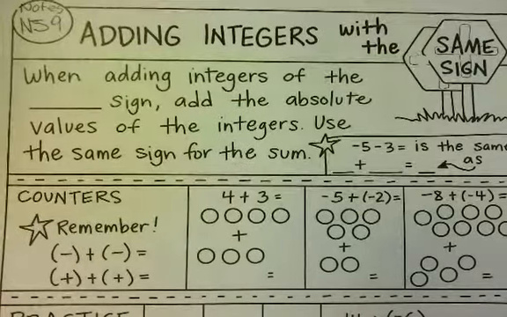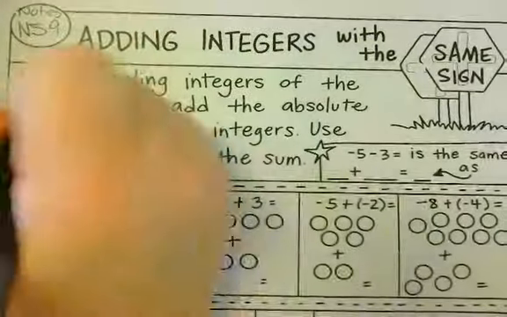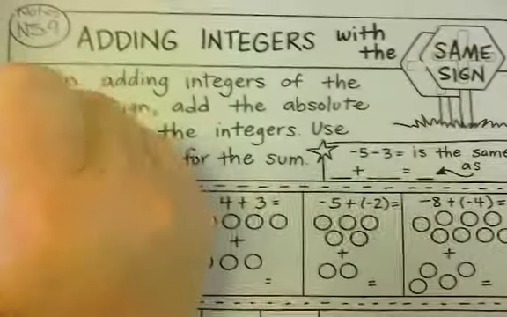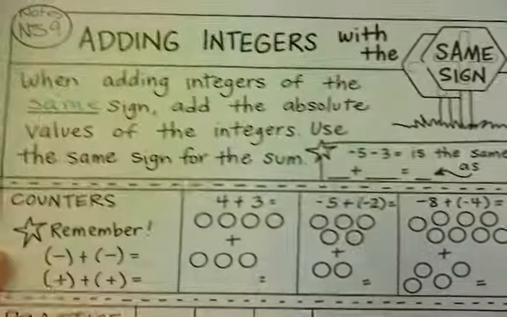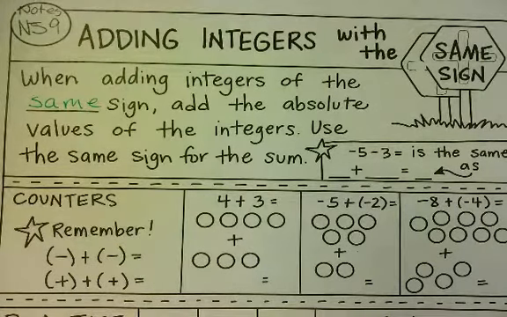Today we're working on adding integers with the same sign. So when adding integers of the same sign, add the absolute values of those integers and then use the same sign for the sum.